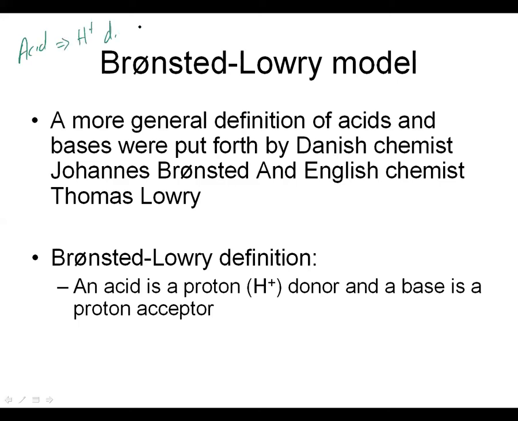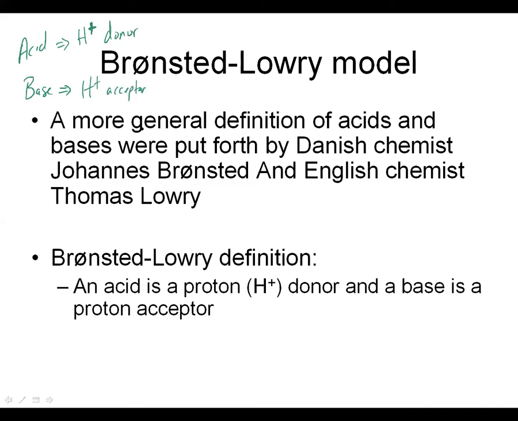So it is something that gives away an H, but important as well is not just the H, but also the plus goes along with it. As that acid donates that H plus, charges will change because of the plus part of it. And they said that a base is essentially a proton acceptor.